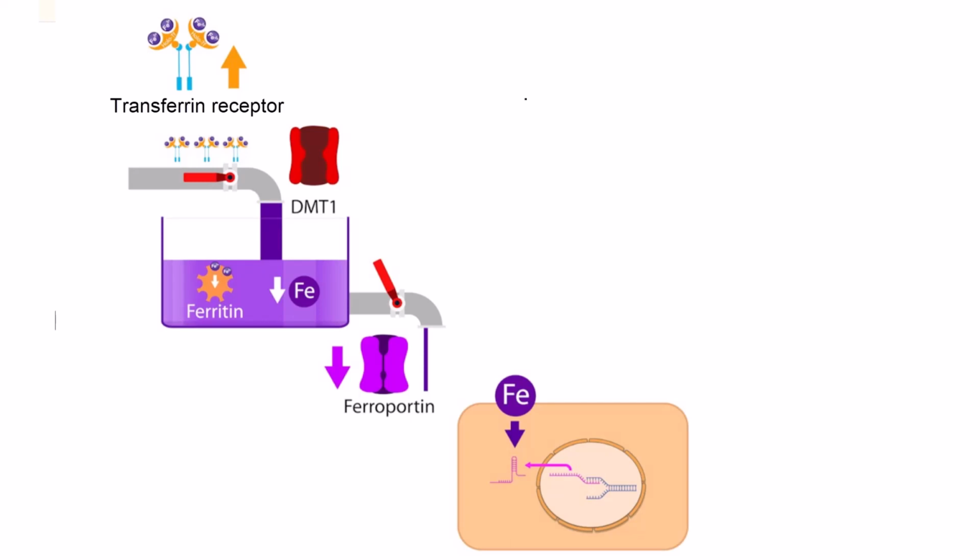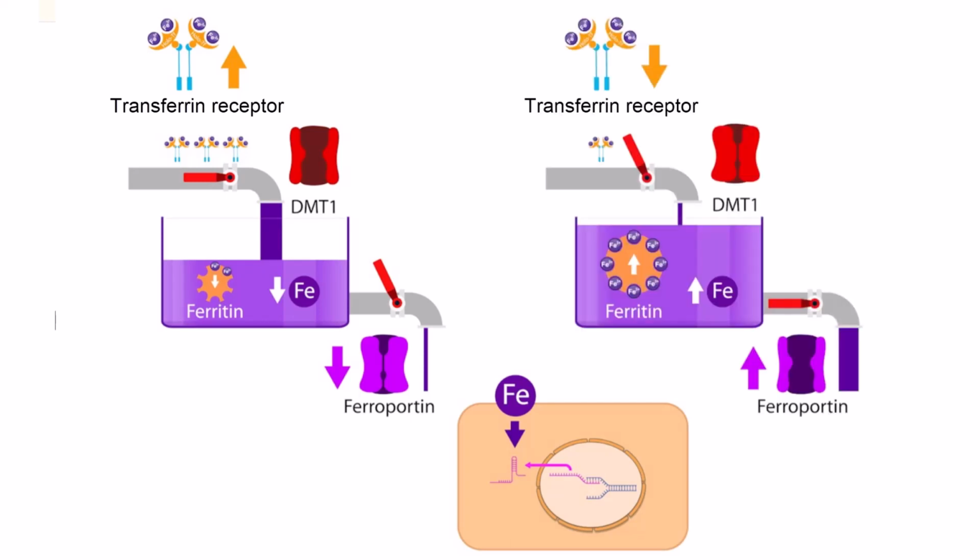A higher level of iron in the cell has the opposite effect. A decrease in the production of transferrin receptors and DMT1 transporters will reduce the influx of iron into the cell. An increase in ferroportin production will increase iron efflux from the cell and not allow further increases in iron levels.